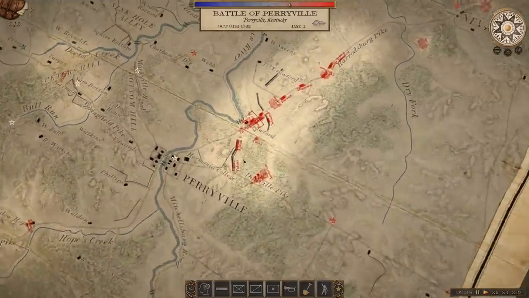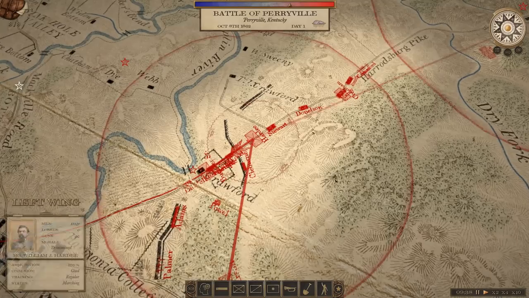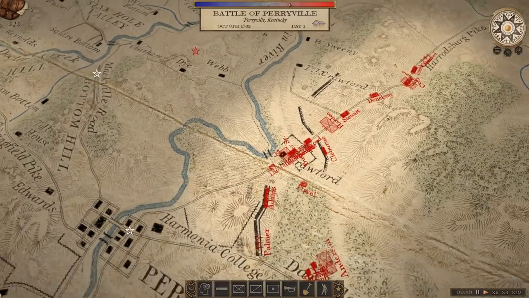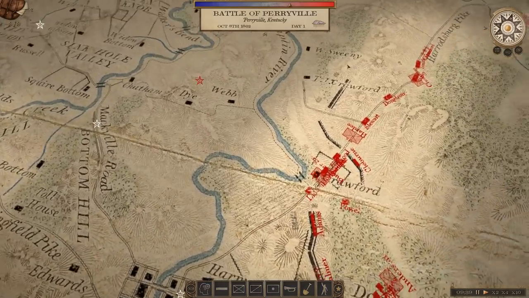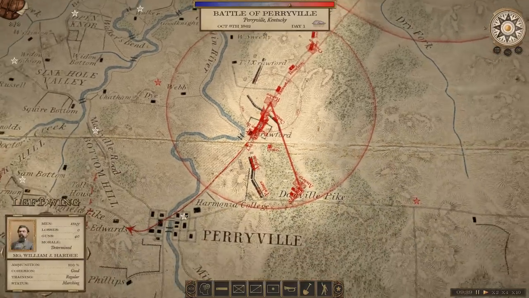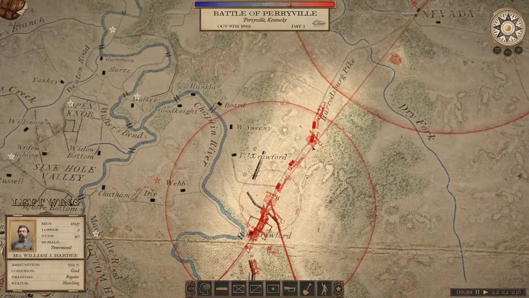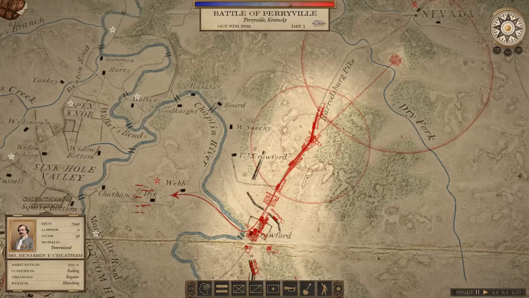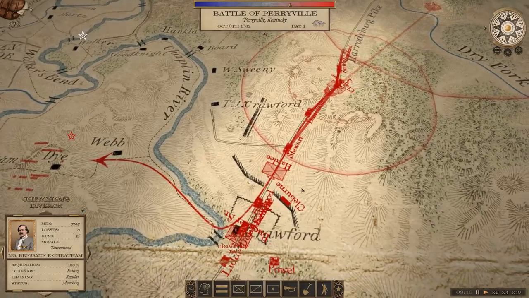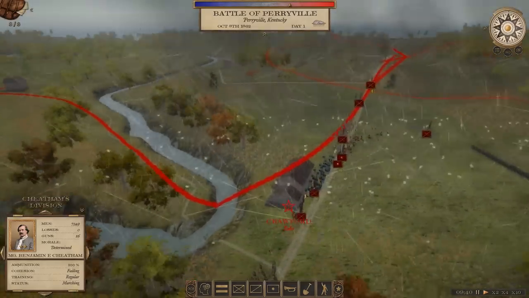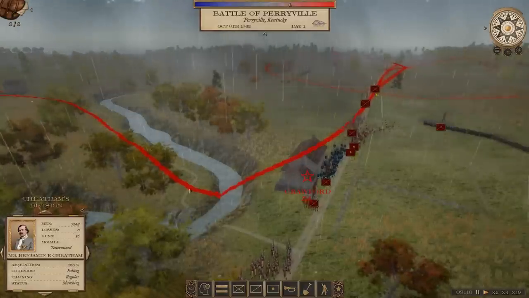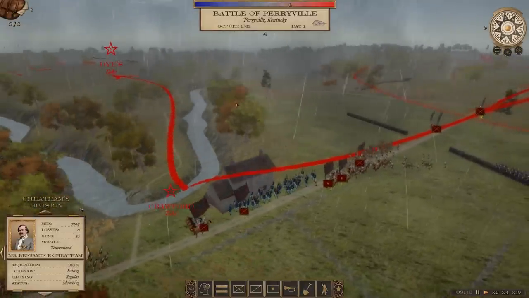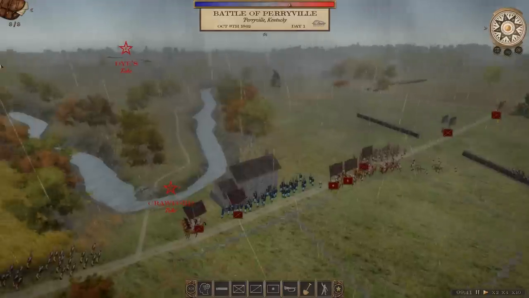For the main body of the army, we can see that they're already moving, not yet crossed Chaplin River. We have the left wing moving in front and the right wing following and then taking the right turn at this Crawford Ford to deploy to the right side of the left wing.